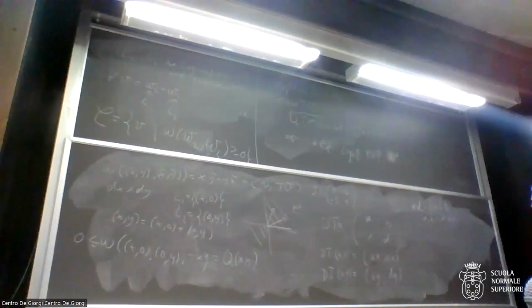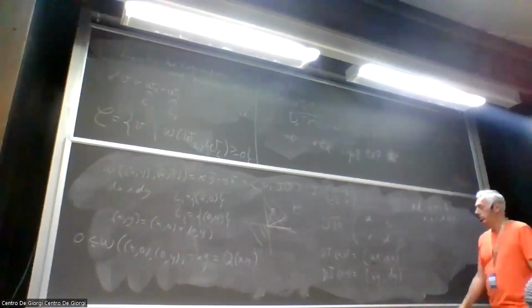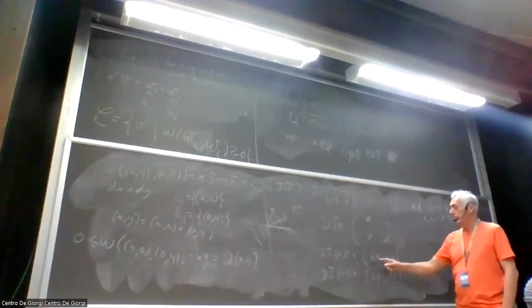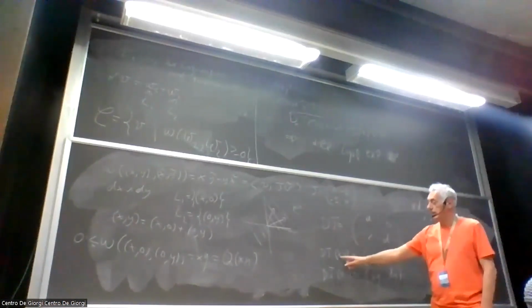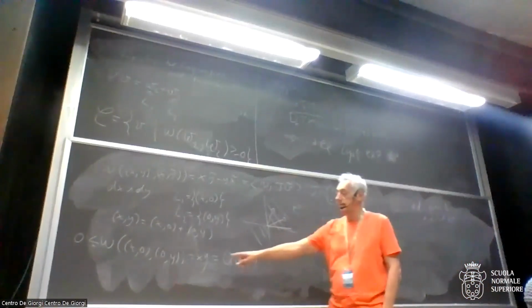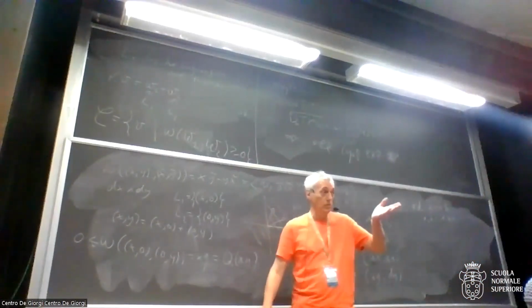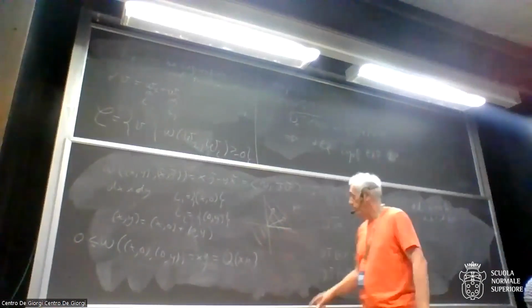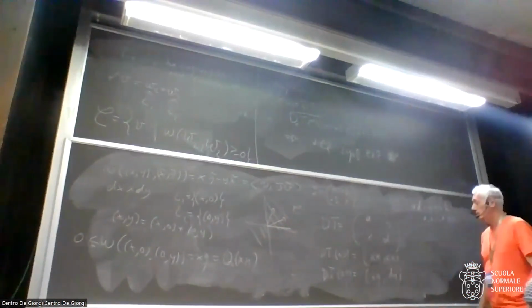All right, and now I want to see what happens. So for this vector, if I compute this quantity, I get 0. This is on the boundary of the cone, right? So I want to see the image. So let's compute the image.